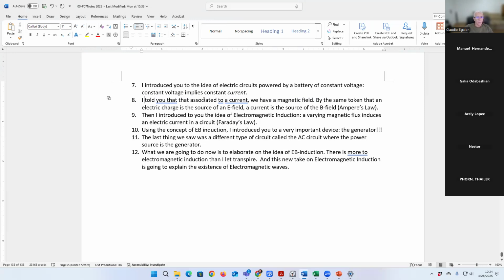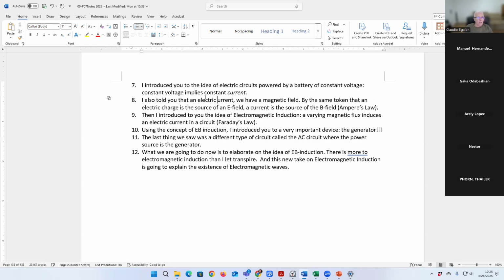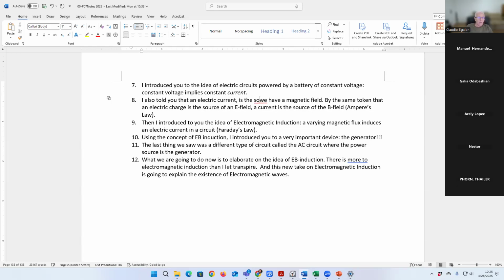I also told you that an electric current is the source of a magnetic field. When you think of the electric charge as the source of electric field, a current is also the source of a B field.